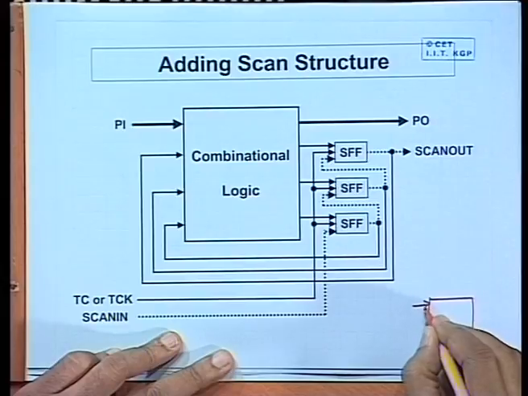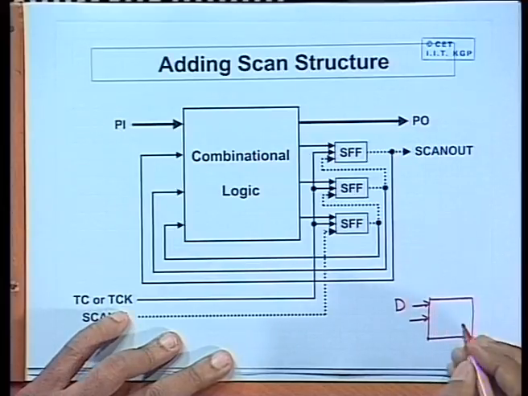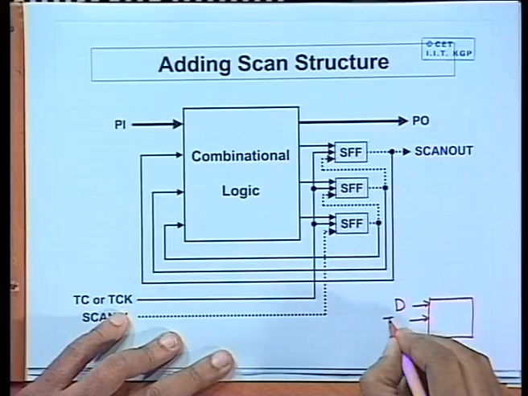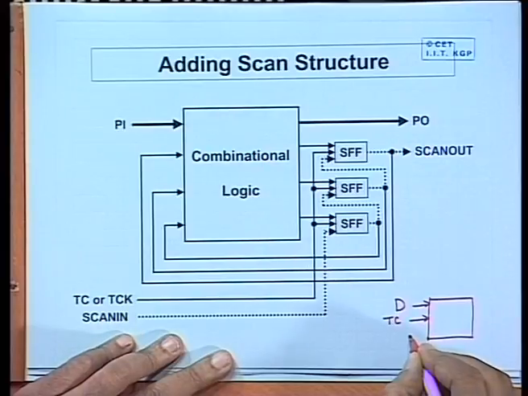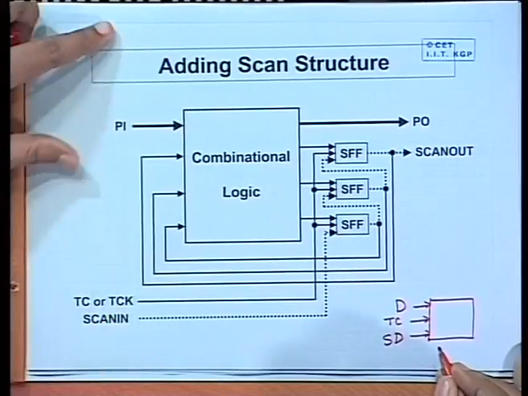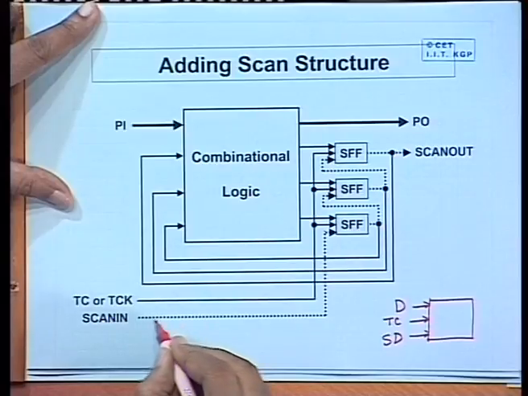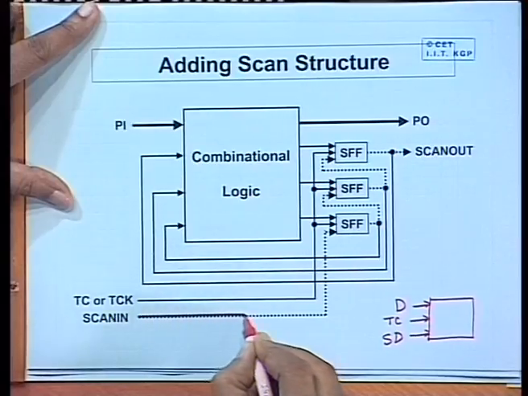The top input is the normal data input D. The second input is the test control, and the third input is the scan data. Now, look at the scan data pins. I have shown them by dotted lines. I am highlighting this path.